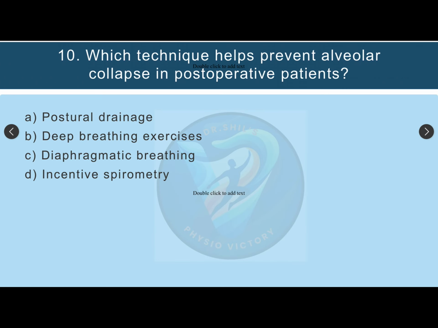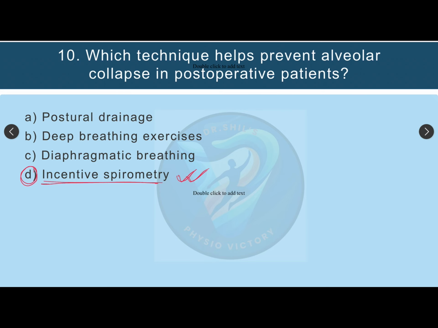Next question, which technique helps prevent alveolar collapse in postoperative patients? Option A, postural drainage. Option B, deep breathing exercises. Option C, diaphragmatic breathing. And option D, incentive spirometry. Here, the correct answer is option D, incentive spirometry, which is frequently used in hospital setups.